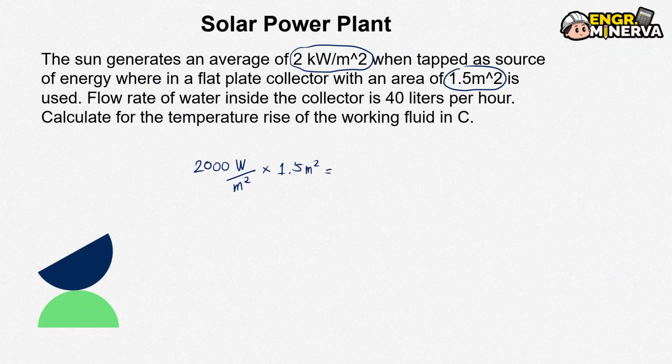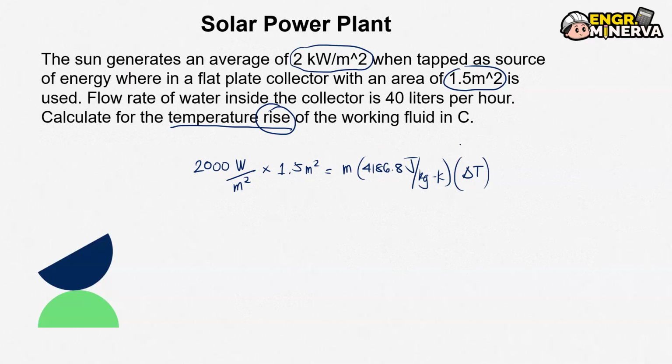Then Q of the water, that would be m Cp of water delta T. We are to require the temperature rise, so the required here is delta T. Next, let's check if there is a change in height. There is no given height, so potential energy is 0. Next, are there any Q losses? There are none, so it is also 0.